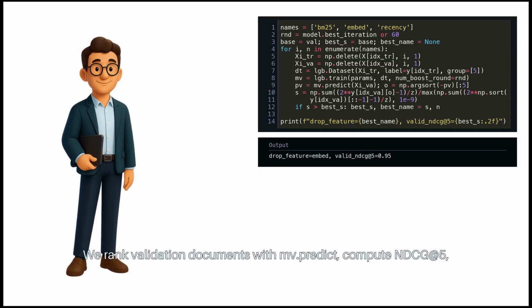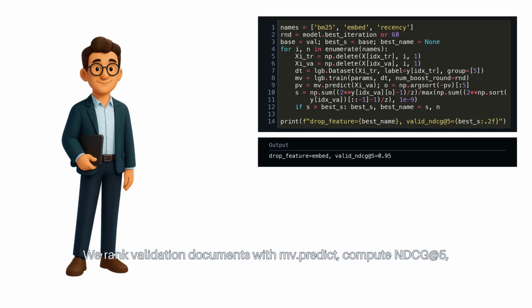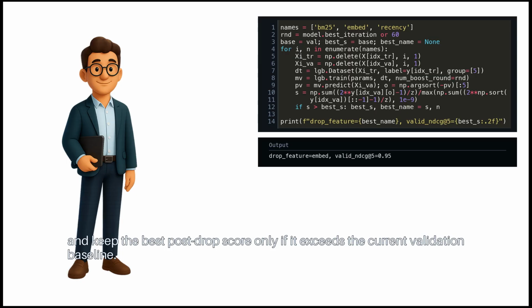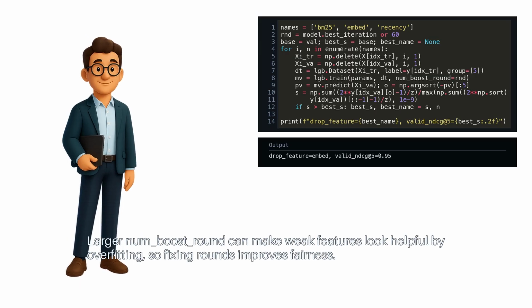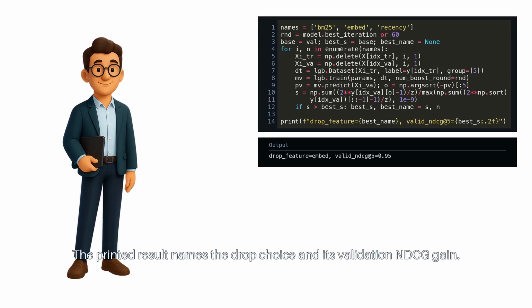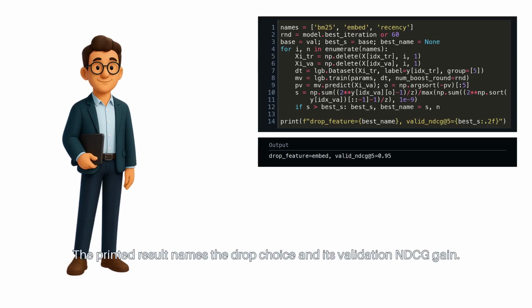We rank validation documents with mv.predict, compute NDCG at 5, and keep the best post-drop score only if it exceeds the current validation baseline. Larger num_boost_round can make weak features look helpful by overfitting, so fixing rounds improves fairness. The printed result names the drop choice and its validation NDCG gain.